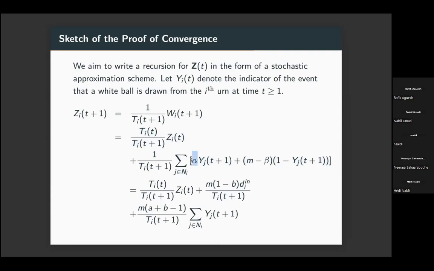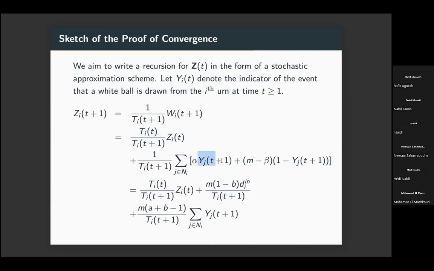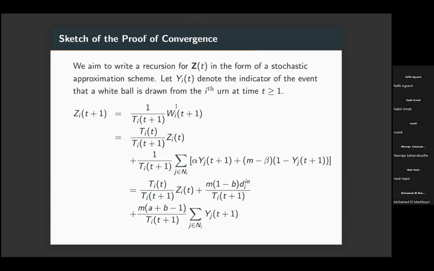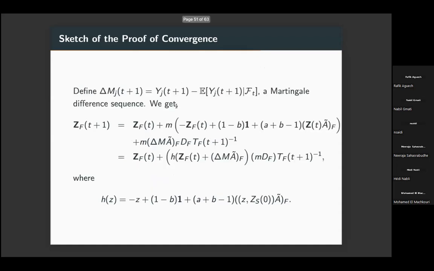Right? So you're adding alpha many white balls if you are drawing a white ball from a neighbor j. That is what this represents. And you are adding m minus beta white balls if you are drawing a black ball from the neighbor j. Okay? And this therefore can be written as a vector valued recursion. So remember, this is for urn i. And then I can write this for every urn i, and then I can write it for the vector Z_t, which is this vector of size F.